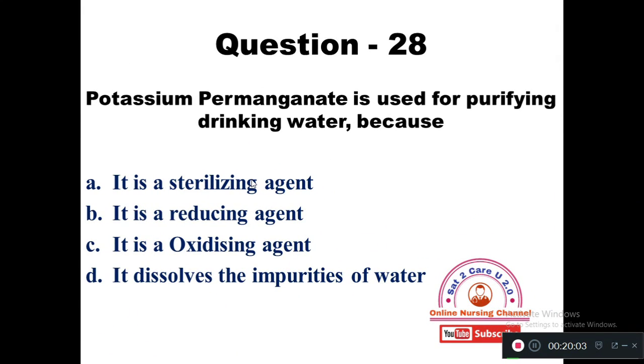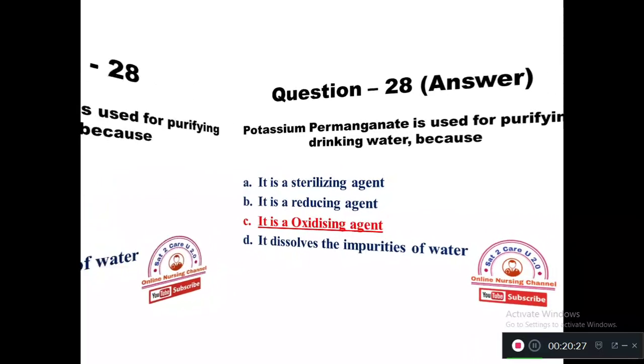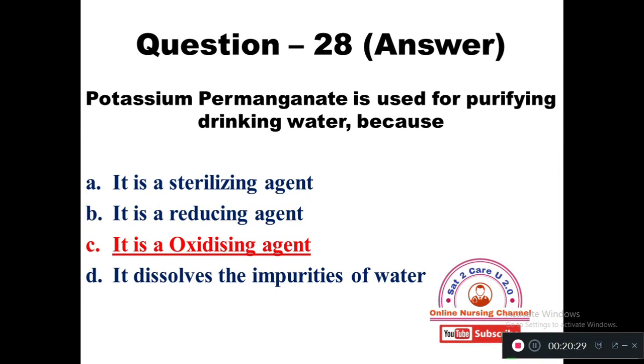Potassium permanganate is used for purifying drinking water because A. it is a sterilizing agent, B. it is a reducing agent, C. it is an oxidizing agent, and D. it dissolves the impurities of water. So why do we use potassium permanganate in purification of water? Option C, it is an oxidizing agent, is the right answer.